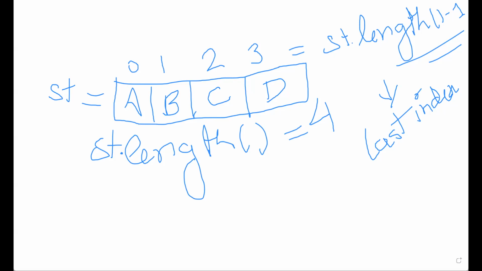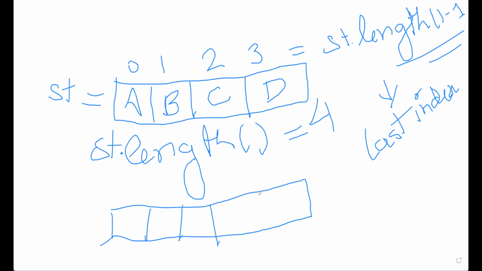So that is the concept we are going to use here. We will create another string of the same size. And what we will do, we will start copying characters from here. At index 0, what will we bring?